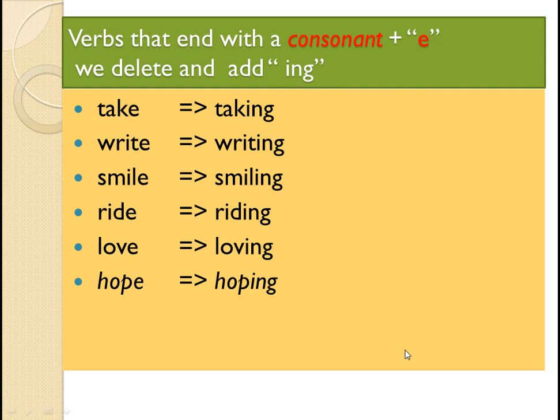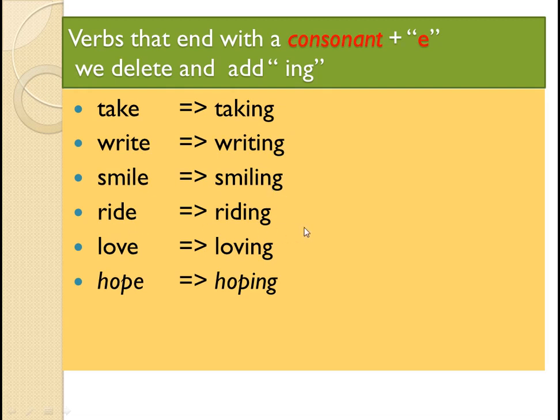For example, like the word take. Take, at the end of the verb, the last letters have a consonant and letter e. So we have to delete e here before adding ing. For example, take to taking, write writing. It doesn't have e anymore.